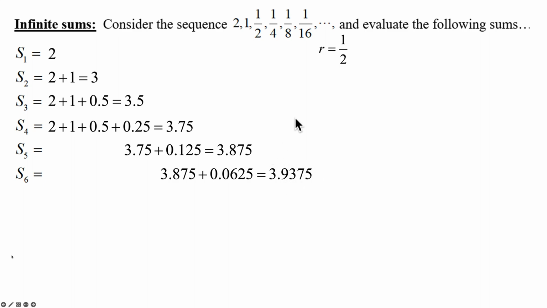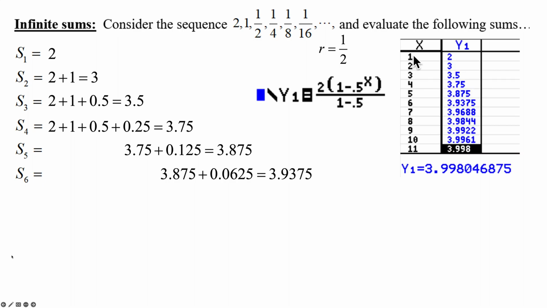So I went to my calculator and I typed in my formula, 2, that's our first term, times 1 minus our r, 0.5 to the power of x, over 1 minus 0.5. And I went to my table, and so here's the 6th term right there, 3.9375.